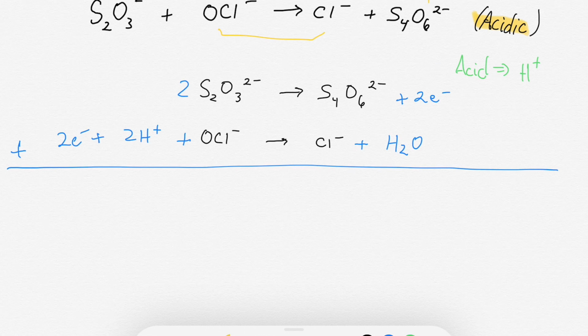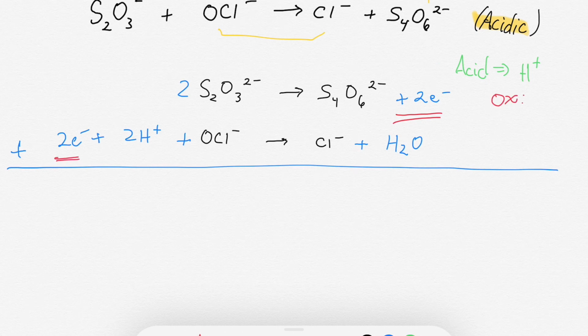And by the way, a quick little note, hopefully everyone sees this. Notice that this top reaction is giving off electrons, right? It's losing electrons. So that would mean that this is my oxidation half reaction.